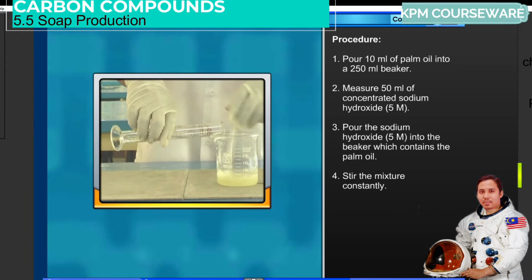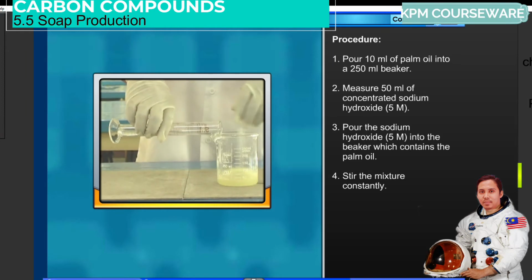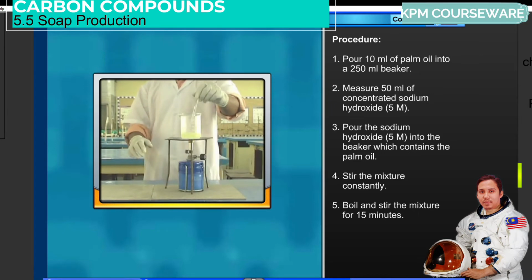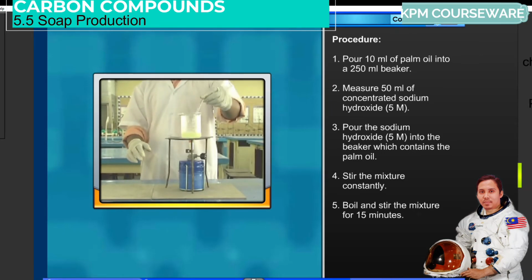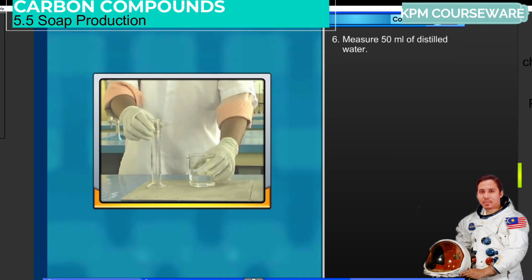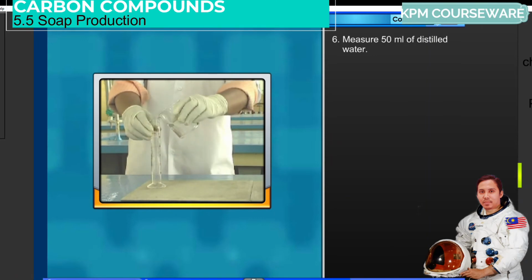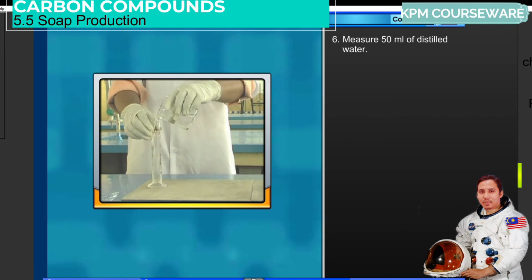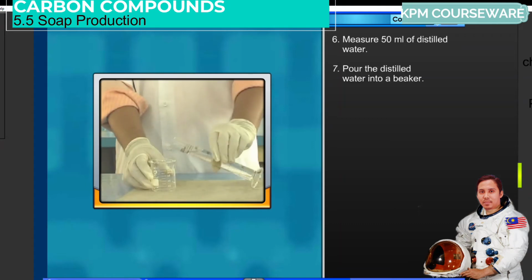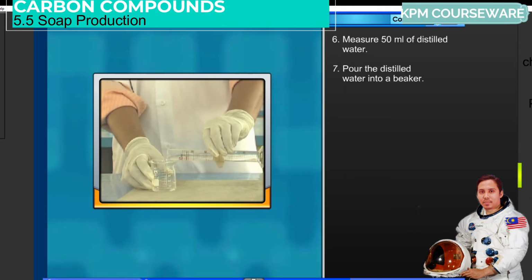Stir the mixture constantly. Boil and stir the mixture for 15 minutes. Measure 50 milliliters of distilled water. Pour the distilled water into a beaker.